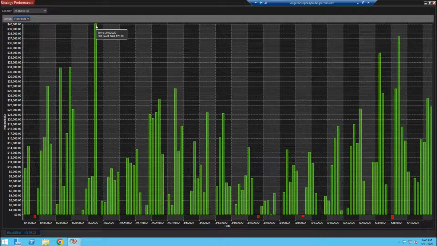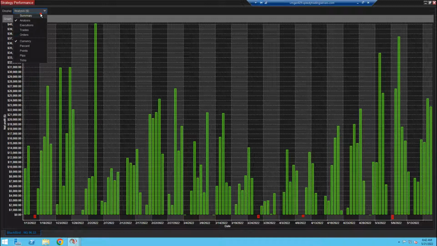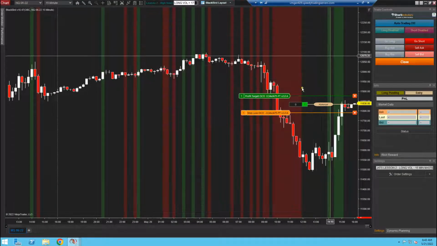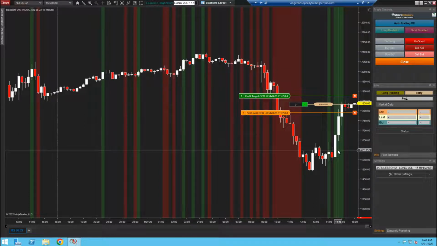Flip side to this, look at the net profit. It can really, really take off and make a lot of money because you're trading with range expansion. But you can control the settings that you elect to trade and/or the signals.